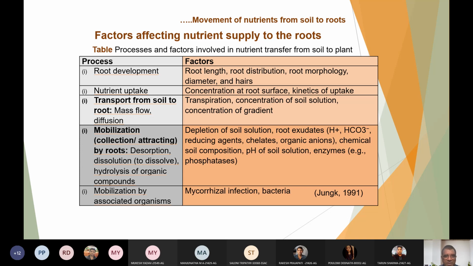Chemical soil composition is changed by plant roots, or at least in the rhizosphere they make some changes. The pH of the soil solution changes because they release hydrogen also, and certain enzymes are also released by the plant. Then mobilization by associated organisms, by mycorrhiza infection or bacteria. So overall, these are the factors that affect the nutrient supply to the plant roots.